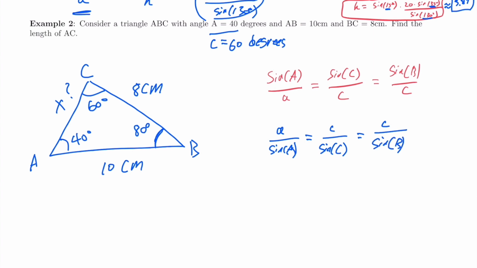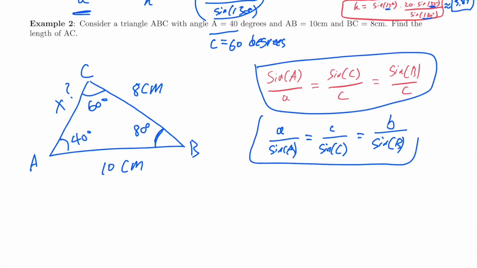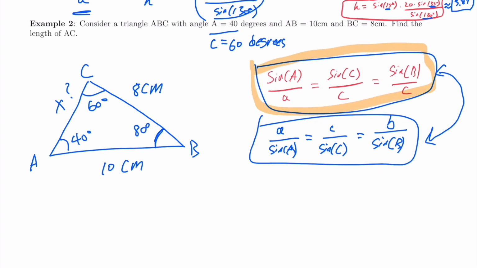Oops, sorry, the length B right here. So these two are equivalent. So when we say law of sines, you can use either one of them. It is derived as this one, but actually oftentimes it might be algebraically a little simpler to use this version right here. But either one works.